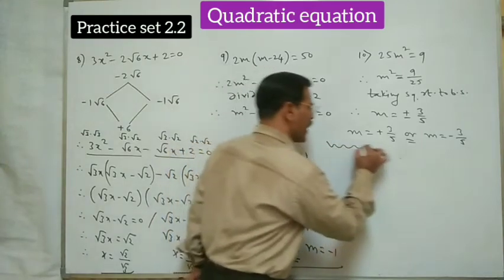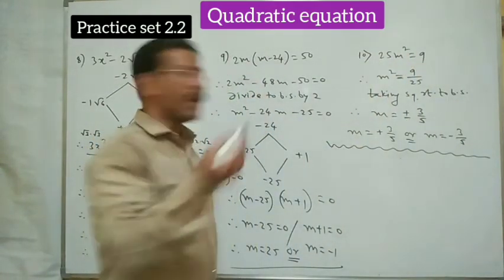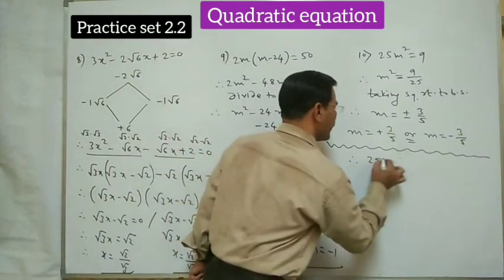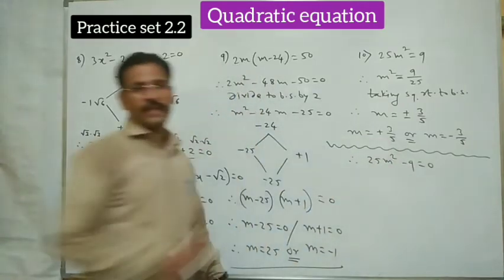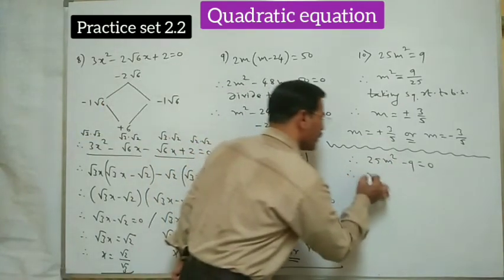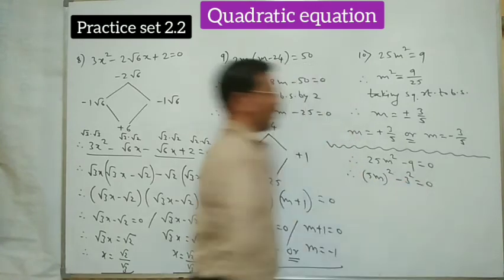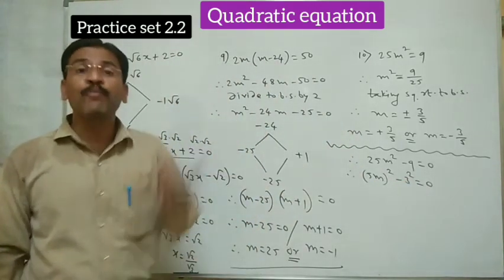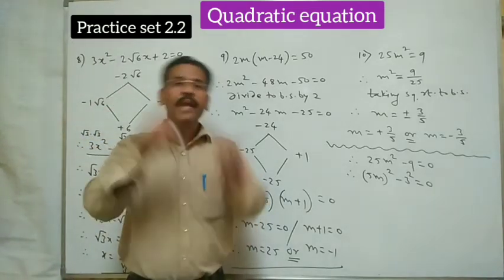Sometimes we are going to solve the same one in a different way. How? Look here. I'll take 25m square minus 9 to this side. Now if you observe, this is nothing but (5m) square minus 3 square. This is nothing but the formula. What is the formula? a square minus b square equals (a plus b)(a minus b).